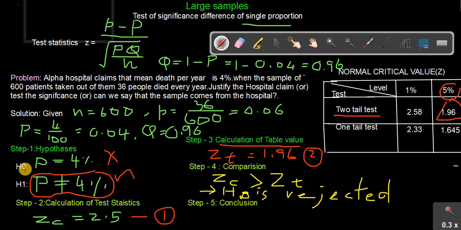That means the proportion claimed by the hospital is not accepted.